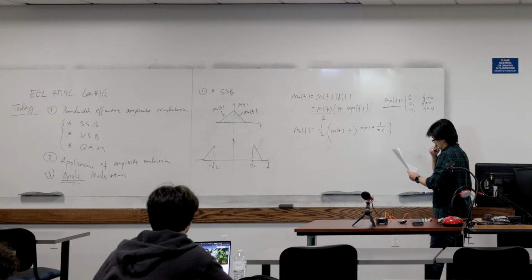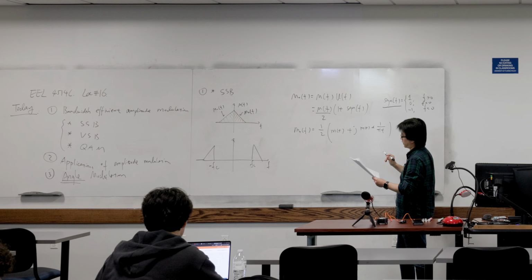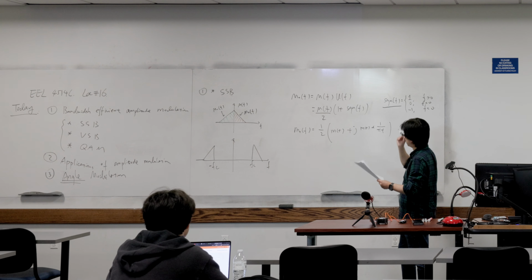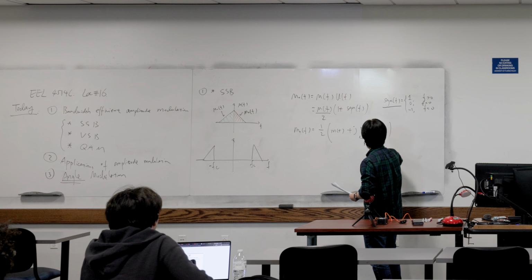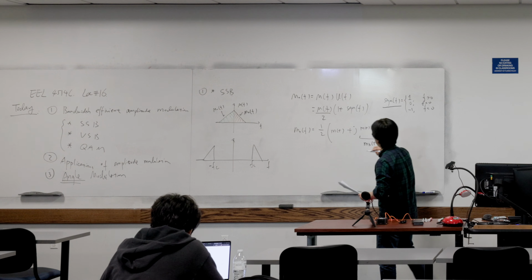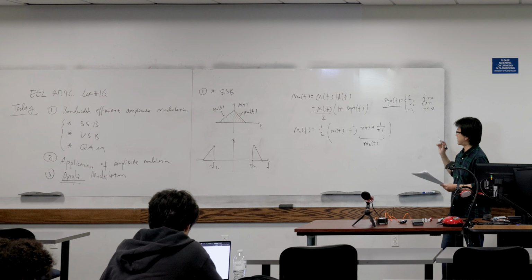This is the plus part. Let's denote this, as in the slide, as m_h of t, where h means the Hilbert transform. So this is the plus side.